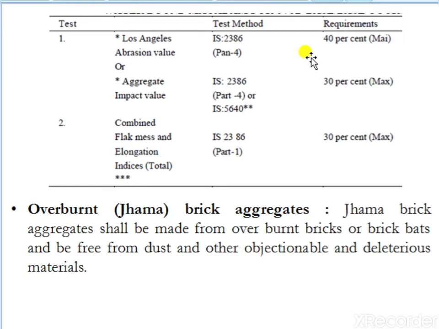The aggregates will not fill the voids. So with an increase in the voids, there is a decrease in the strength, or a decrease in the load taking capacity. Hence, the flakiness and elongation index should be within 30%.